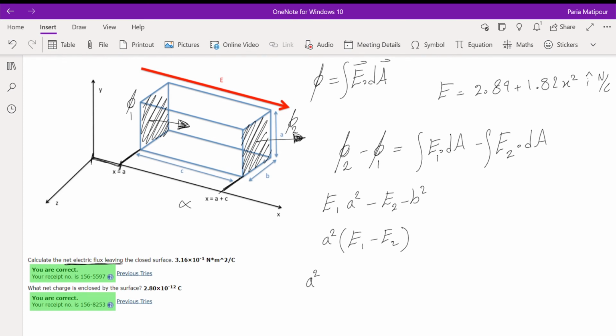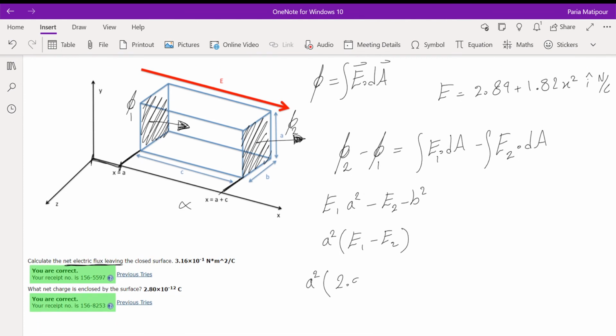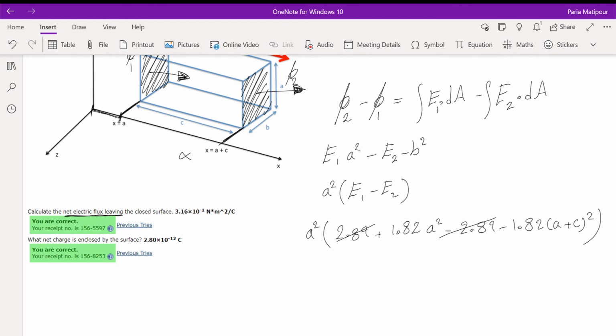It's going to be a squared times (2.89 plus 1.82 a squared) minus (2.89 plus 1.82 (a plus c) squared). I'll plug in a later because the numbers are different for each person. Now the 2.89 terms cancel each other, and you just plug a in and you get the answer.